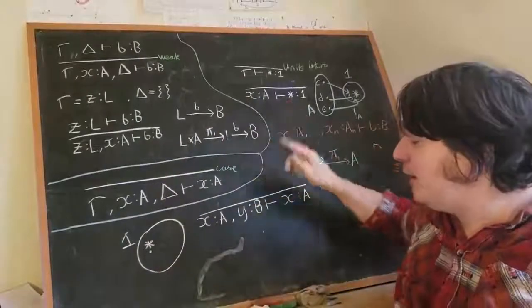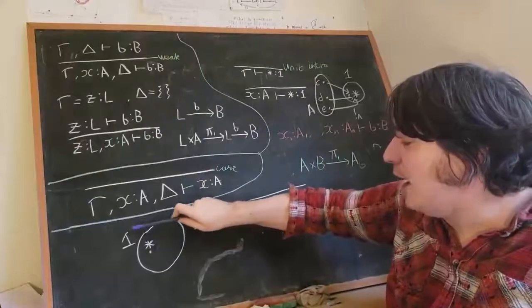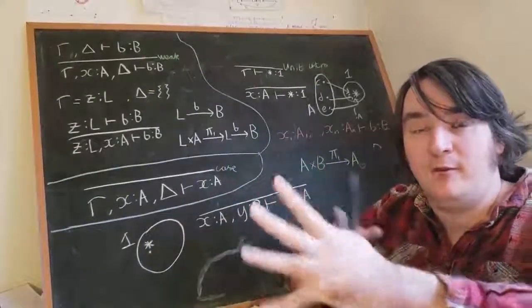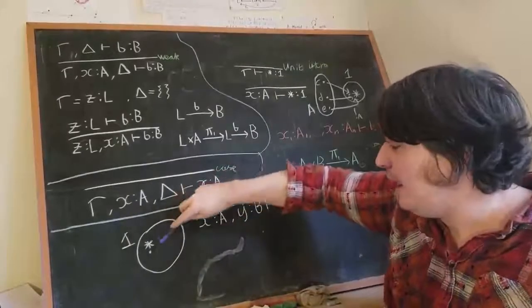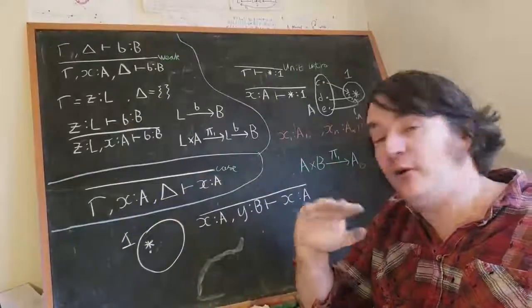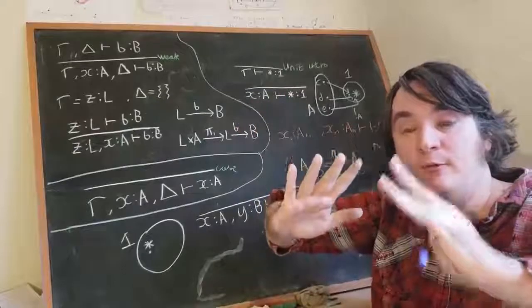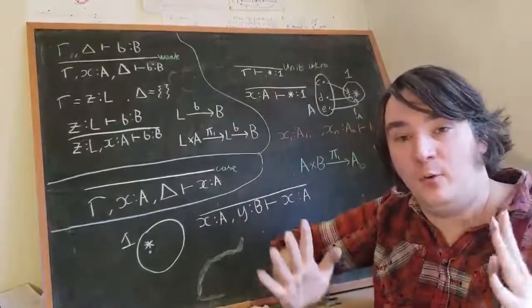In other words, in terms of set theory, we can always grab this value star of type 1. We don't have to do any special tricks to point to it or construct it or anything. It's always there. We always have this single element of type 1. So in terms of logic, this unit type corresponds to a true proposition, the proposition which is always true.